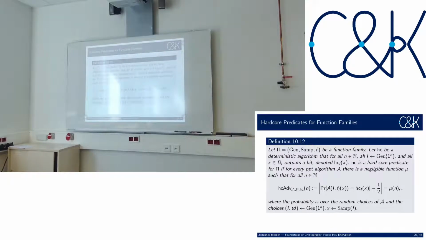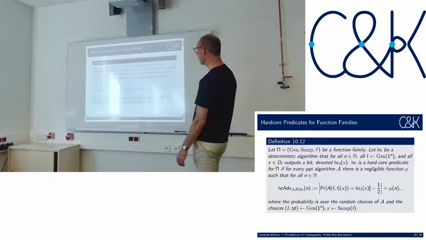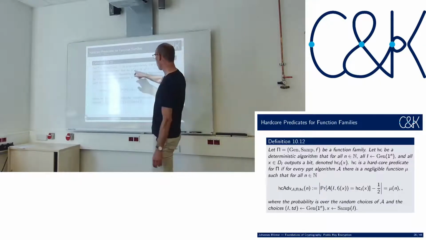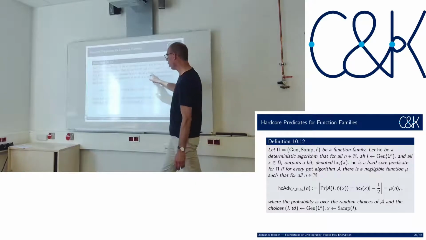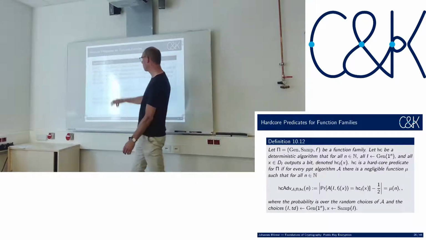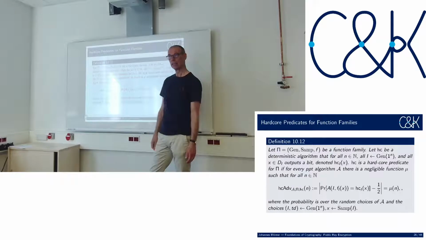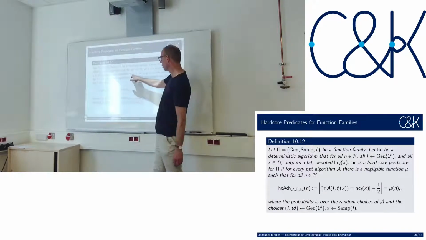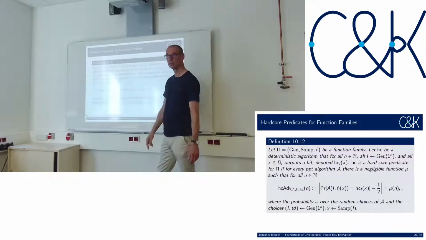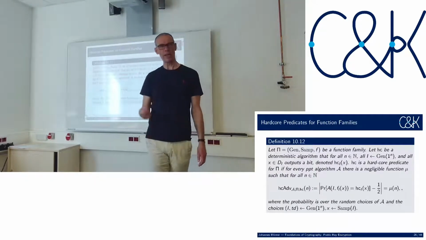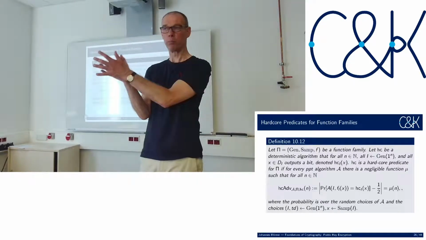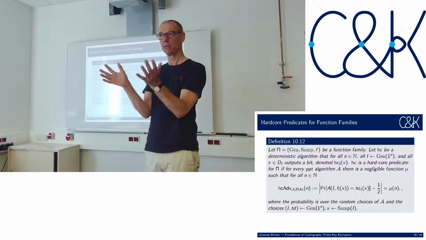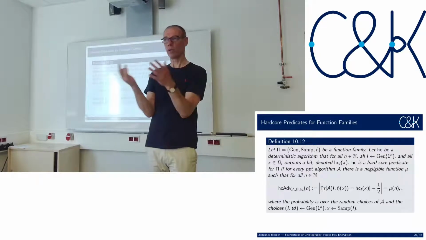Let HC be a deterministic algorithm that for all n in N, all instance parameters I, and all x in D_I outputs a single bit. This is denoted by HC_I of x. The predicate, as in computer science, is any function that goes from some domain to bits: 0 saying you don't have the predicate, 1 saying you have it.